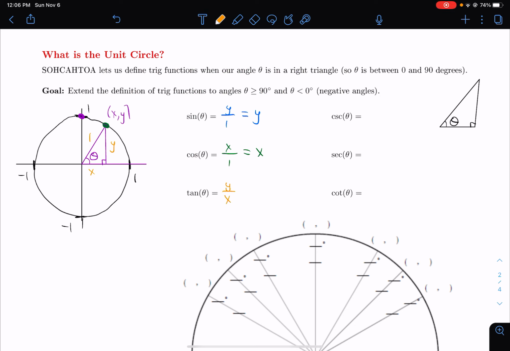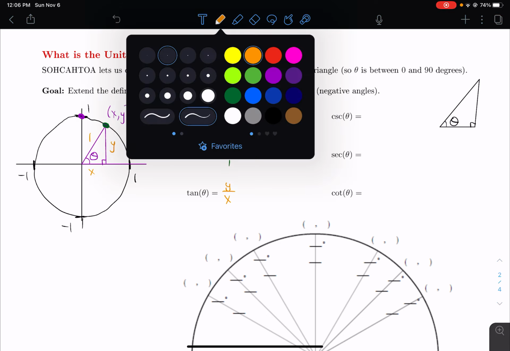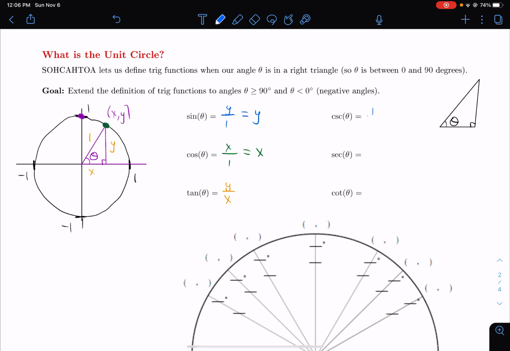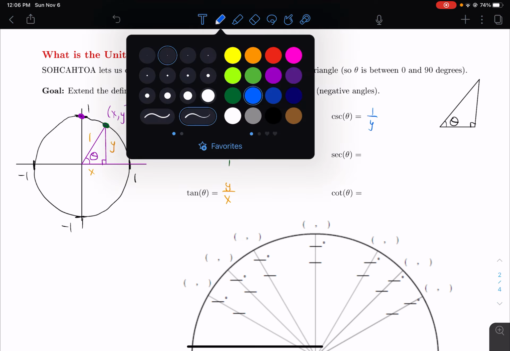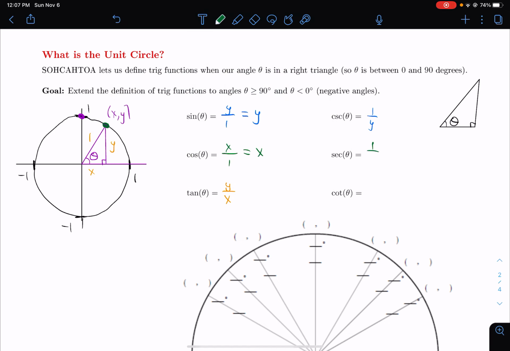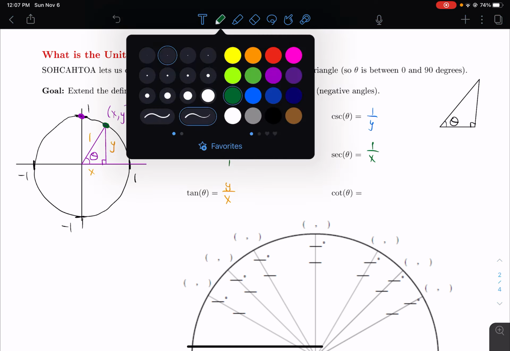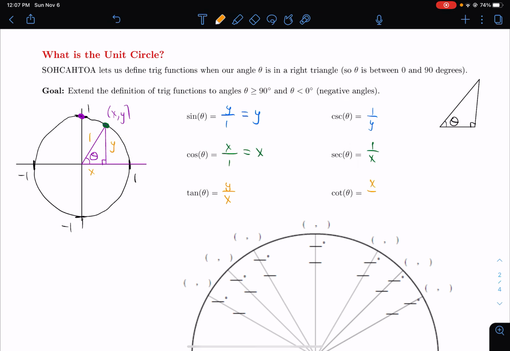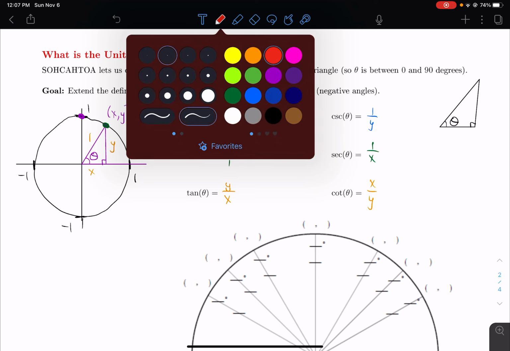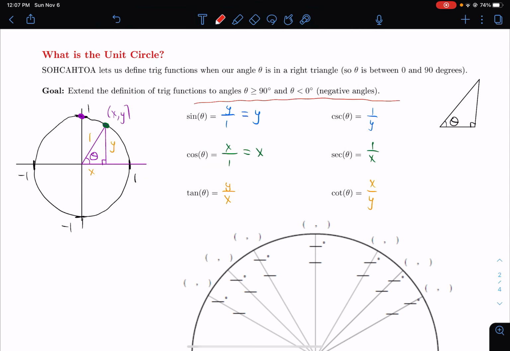And then the other three trig functions are the reciprocals of these. So cosecant is 1 over y, secant is 1 over x, and cotangent is x over y. So I'm going to box these. These are the definitions of our 6 trig functions, but now in the unit circle.